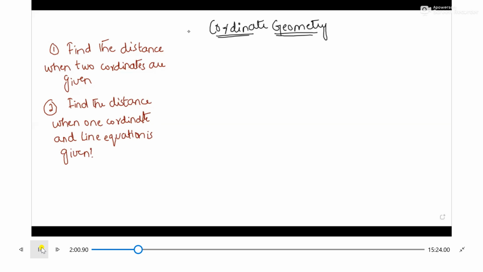So these are basically the two topics which we will discuss today in the class.